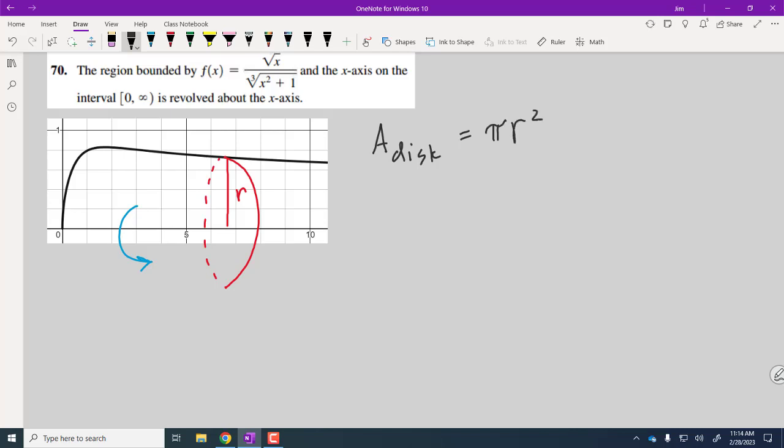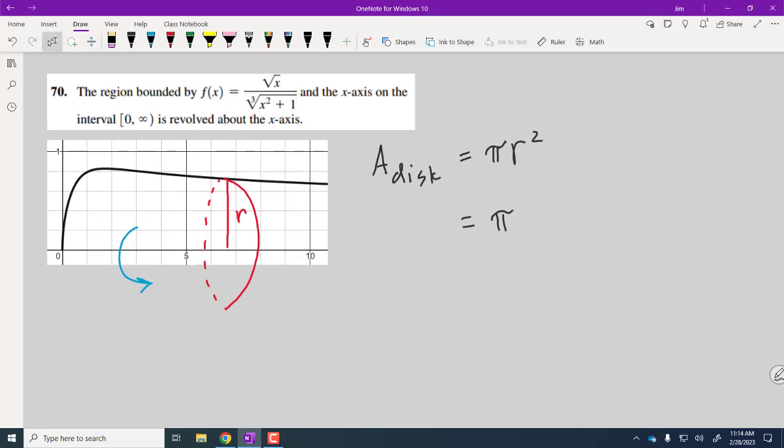That's something that has not changed. So the area of the disk in this particular case is pi times that function squared. So we're going to square the function that we're given. That'll be the area of the disk at x.